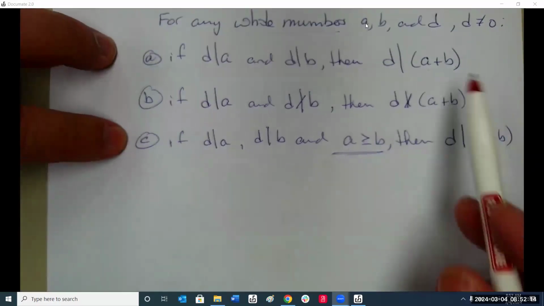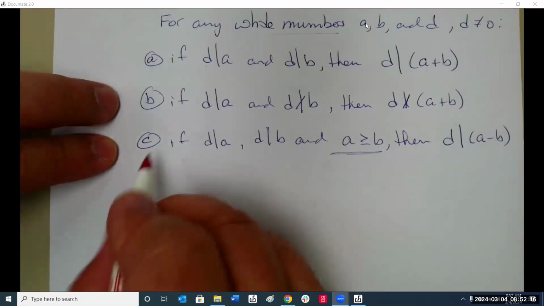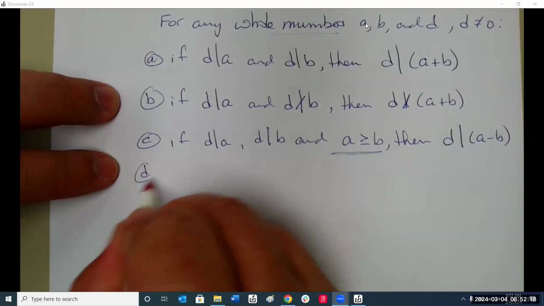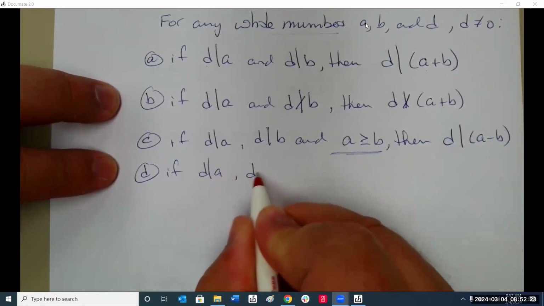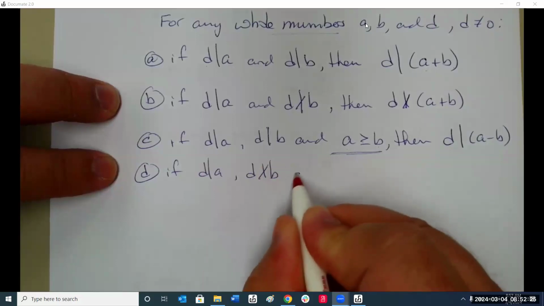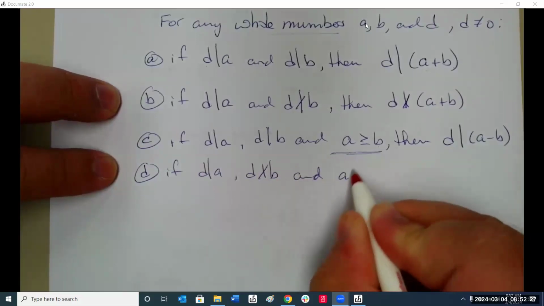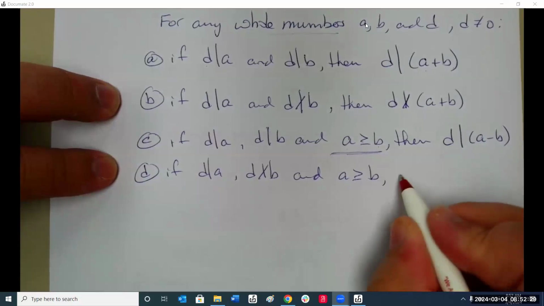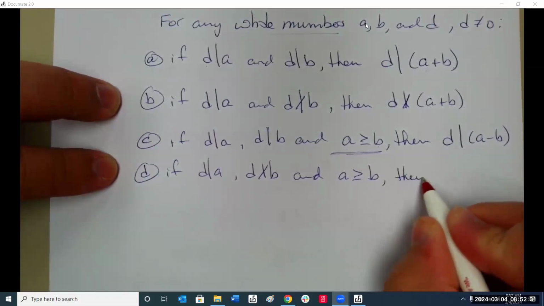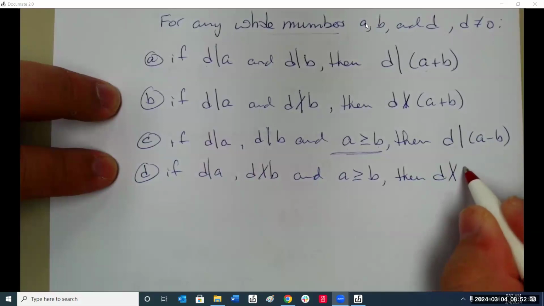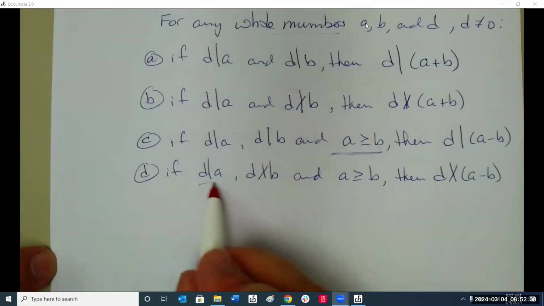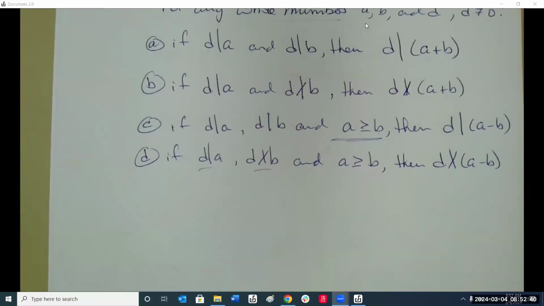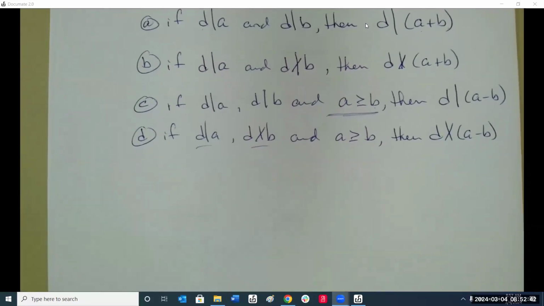So it works with addition and subtraction. If D divides A, D does not divide B, and A is larger than or equal to B, then D does not divide A minus B. In other words, if it's not a divisor of both of them, then it doesn't work.